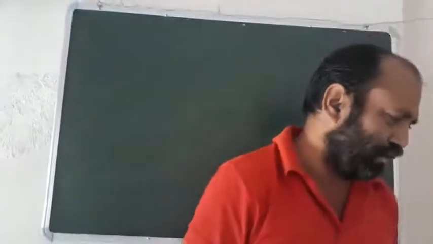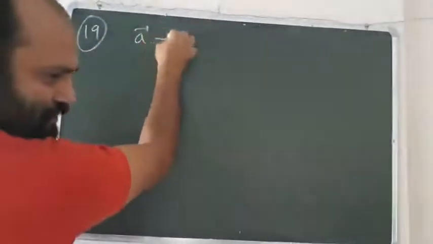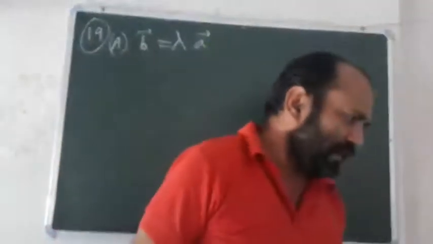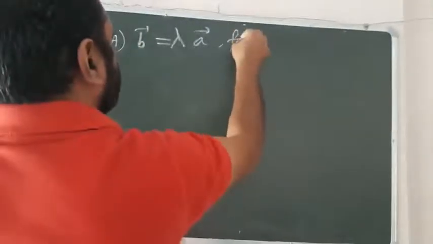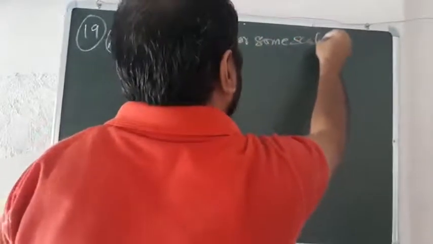That is question number 19. Which of the following is incorrect if A vector and B vector are two collinear vectors? In this, beta, the first part is A vector is equal to lambda into B vector, for some scalar lambda.